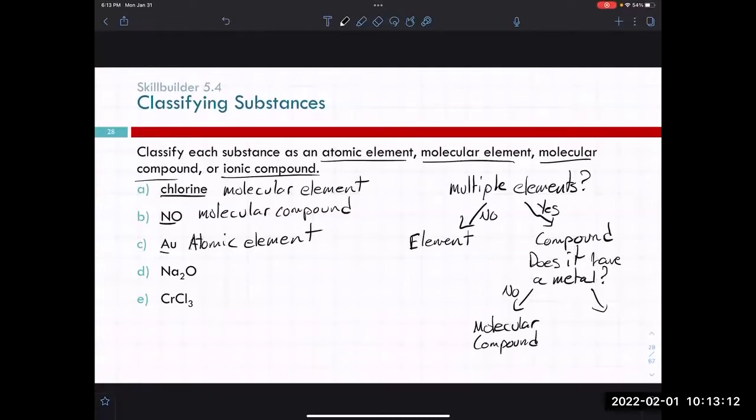Because we have a metal, it's an ionic compound. So if the answer to this is yes, ionic compound. How about E?